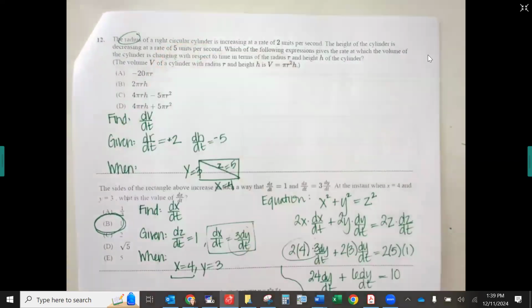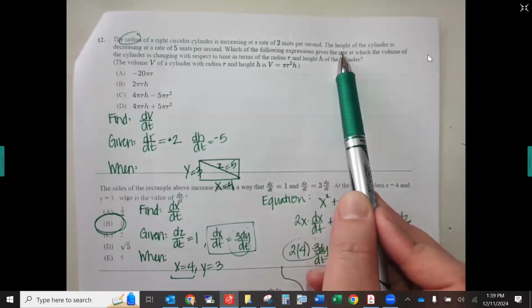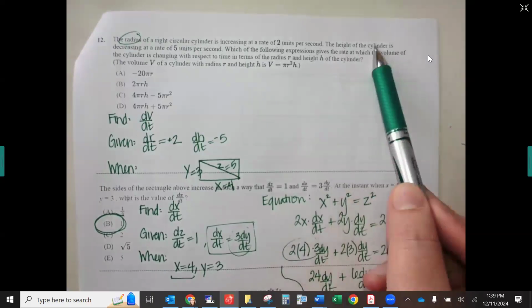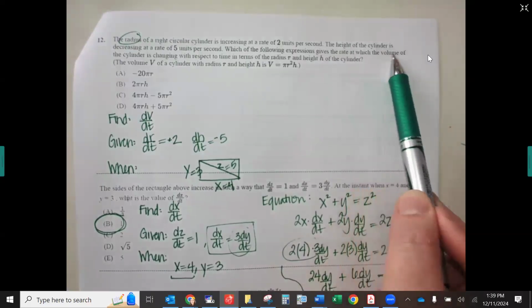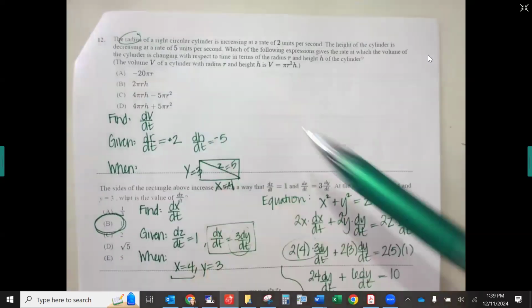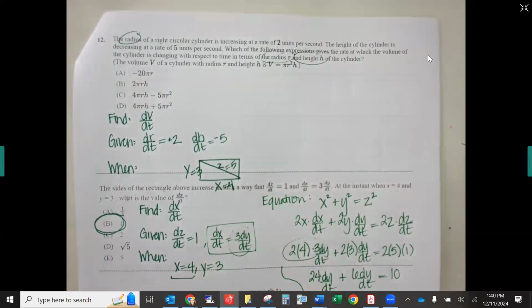Now, you're going to see the word rate over and over again. Don't put dR/dt just because you see rate. It's the rate of what? Volume is dV/dt, yeah? So we're finding the rate at which volume is changing with respect to time. And then it says, and the radius r and height h. So they don't give us numbers for those, but if you look at your answer choices, they all have r's and h's in them. So instead of plugging in numbers, we're going to leave those letters.